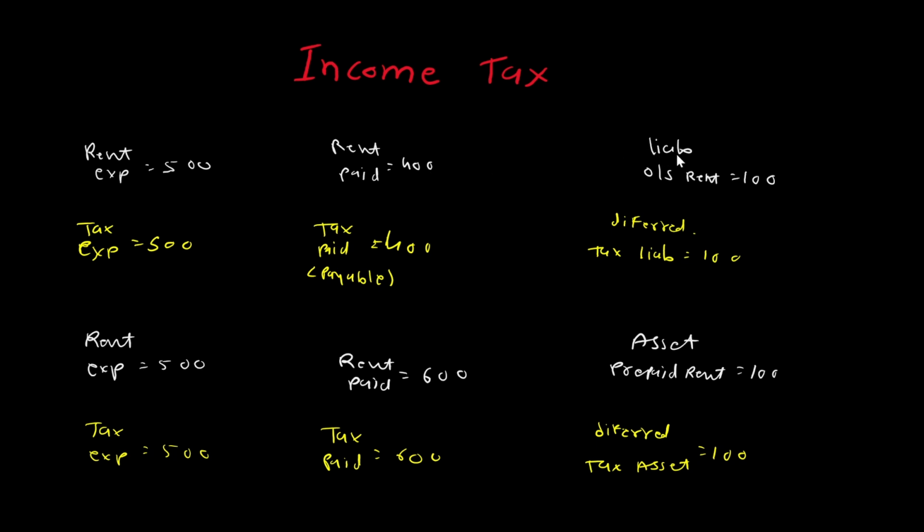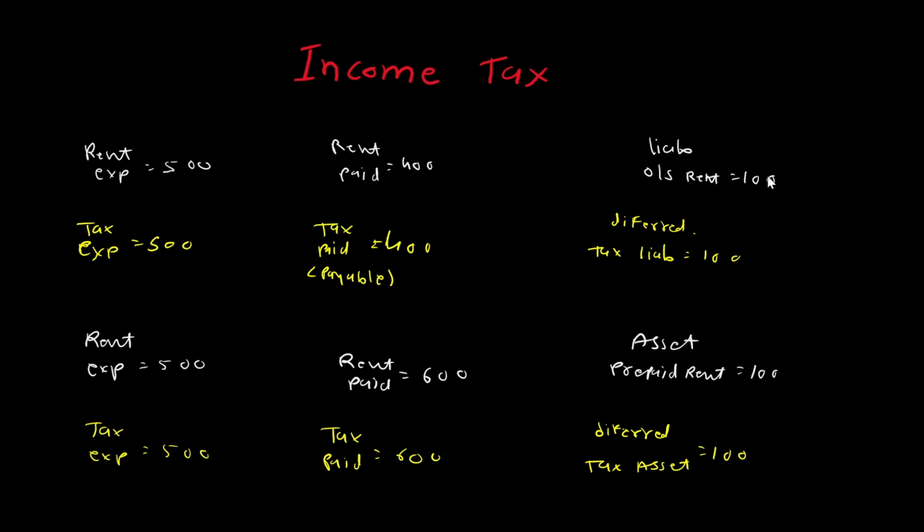I will show a liability of outstanding rent of 100, because I paid less and showed more in my income statement, as the income statement is always prepared on the accrual basis. My expense is 500 but I only paid 400 in cash rent.